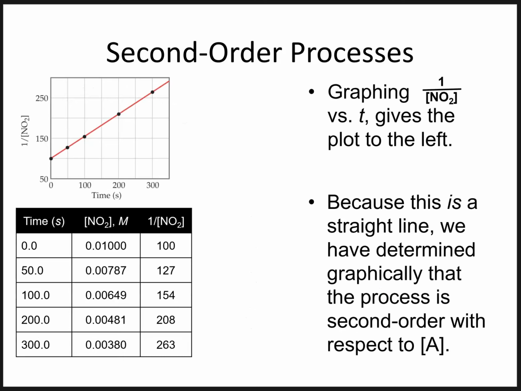If we plot, however, 1 over the concentration as a function of time, we find we get a straight line. And so, with the line hitting all the points, we would use this as the deciding factor to say that this reaction is a second order reaction.